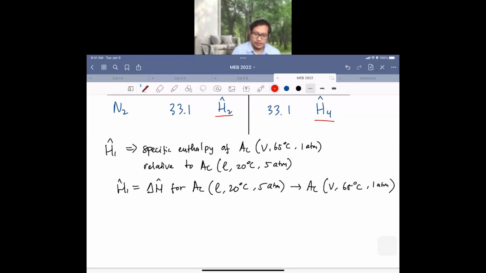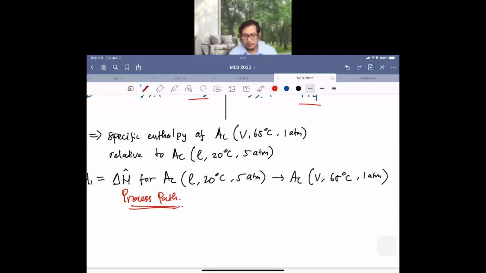So we will have a process path for this. We choose this as our initial, and this is the end point for our process path.